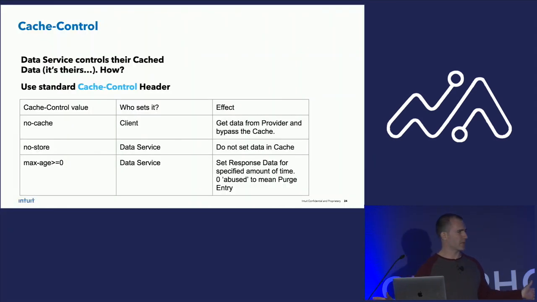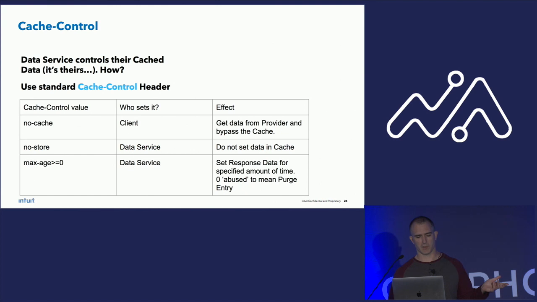Okay, so that's the scheme. Now we're going to talk about how this works across an entire system. We have some additional mechanisms for making sure that different data services and clients have control over whether they really want things cached or not. So we just use cache control.